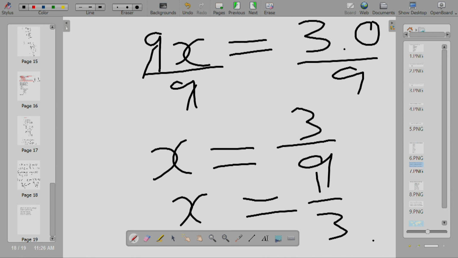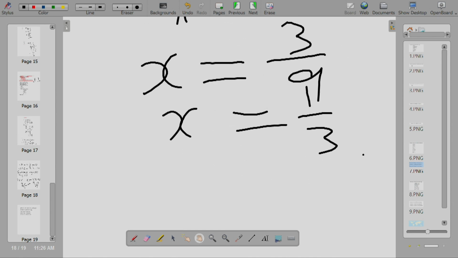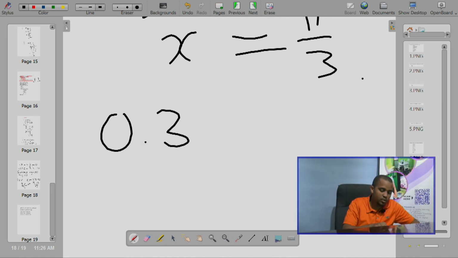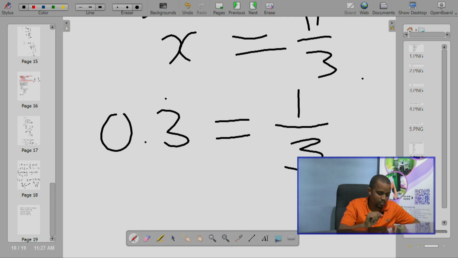So if you change the recurring decimal 0.3 dot, the answer will be equal to 1 over 3.